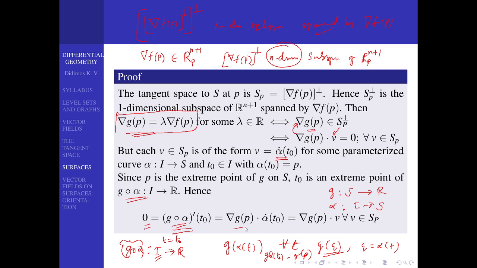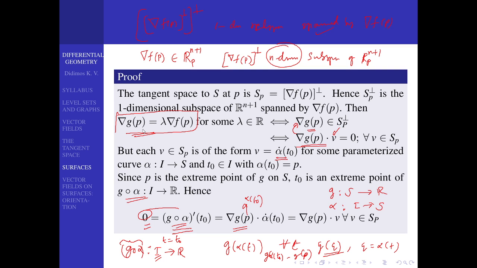This is nothing but del Gp dot alpha dot t naught, that we have already discussed: d by dt of G composition alpha, using the chain rule, is del Gp dot alpha dot t naught. This P is actually alpha of t naught. So this will be del Gp dot V for all V belongs to Sp. So we have that quantity equal to 0. Consequently, del Gp dot V equal to 0.